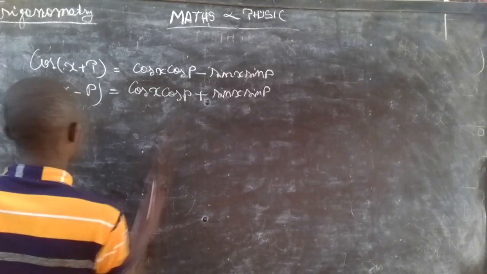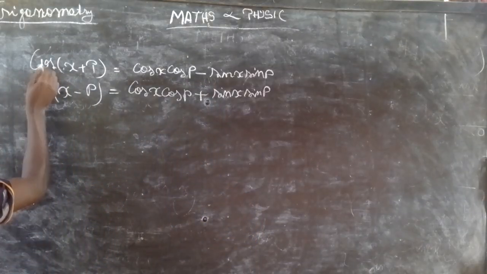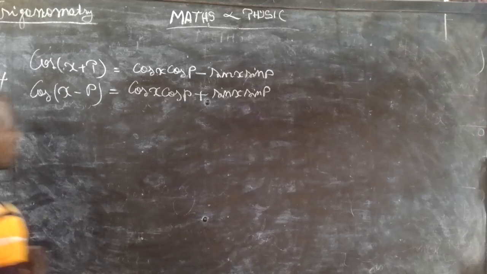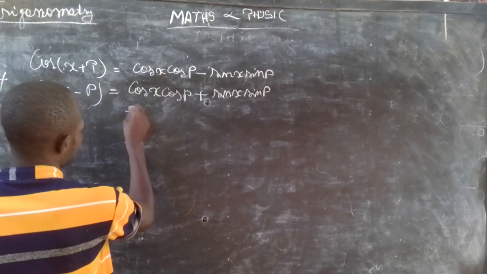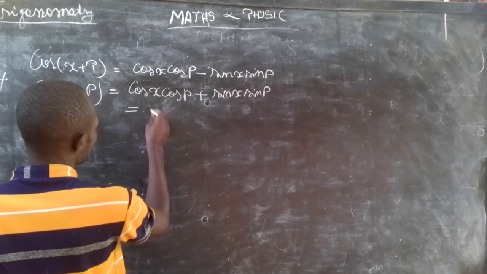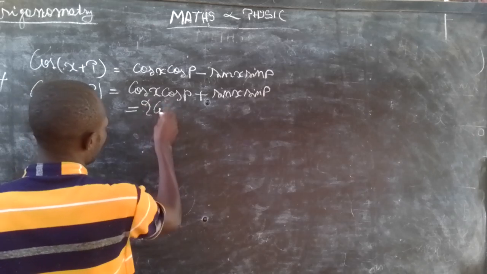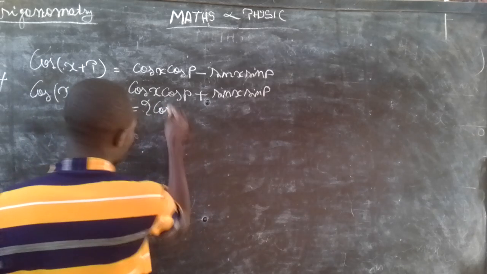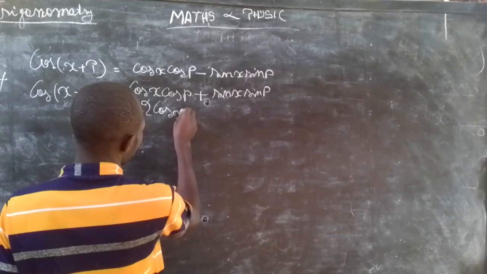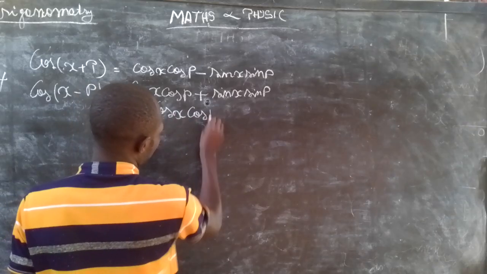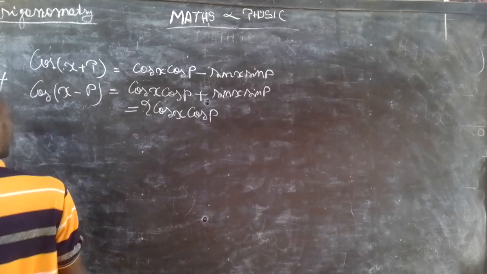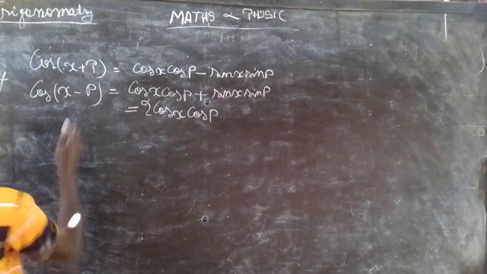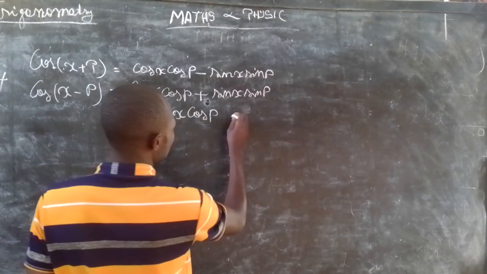Let's make an addition here. What we will have is 2 cosine x cosine p, and the sine terms will be cancelled. Let's call this equation 1.